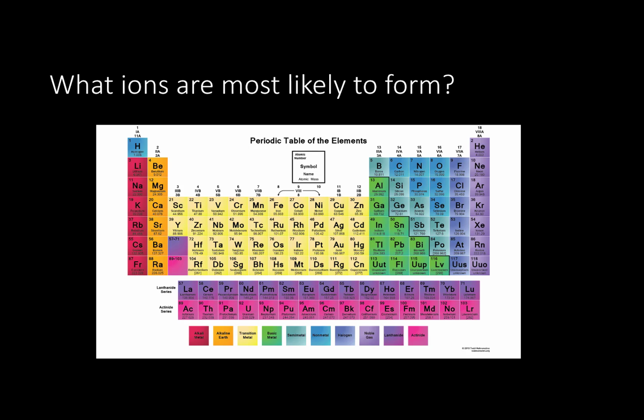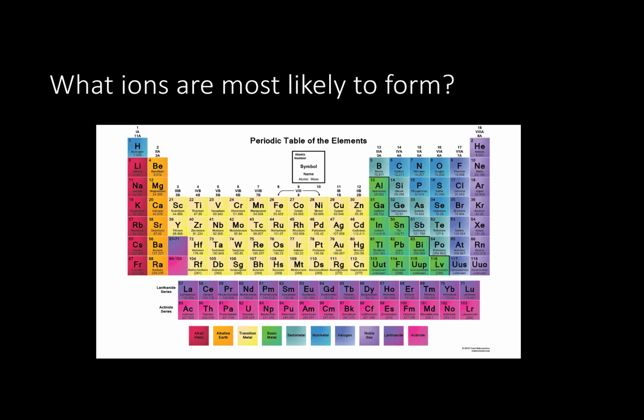But what you find by looking at the periodic table, and this is going to go back to the electron configuration information that we learned in the last chapter, you'll be able to predict in many cases what types of ions atoms will form based on where they sit in the periodic table and based on their electron configuration, especially their valence shell. And the theme that it comes back to is the theme that we've already talked about.